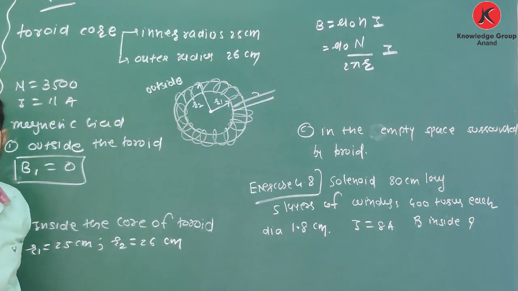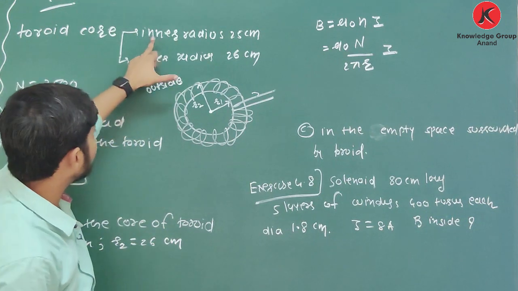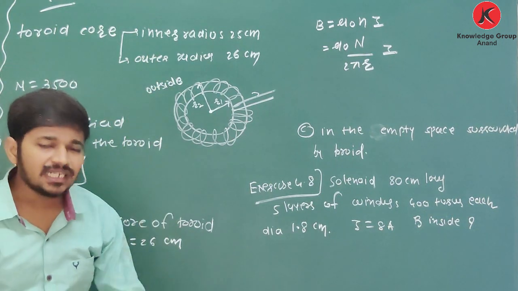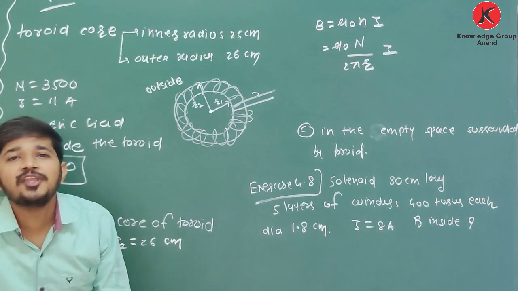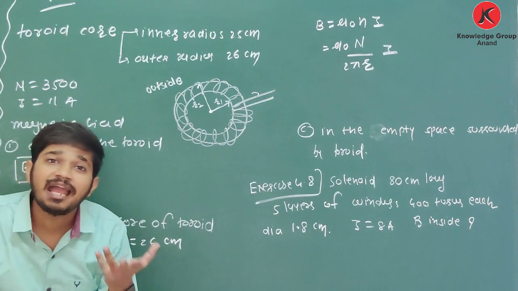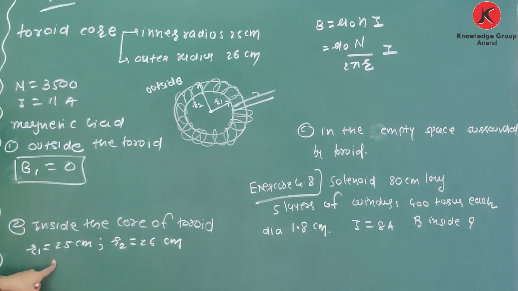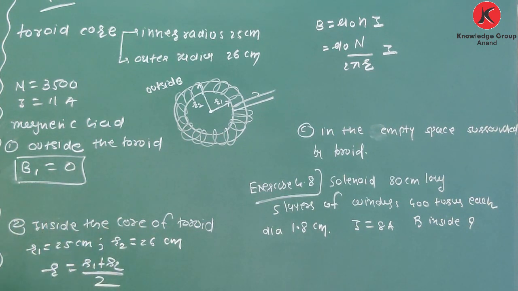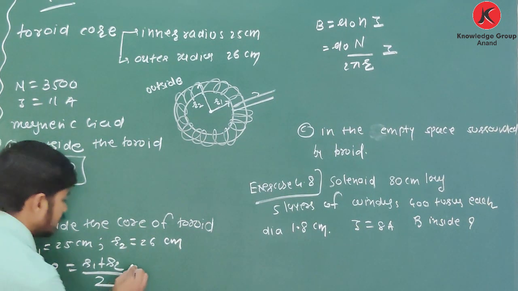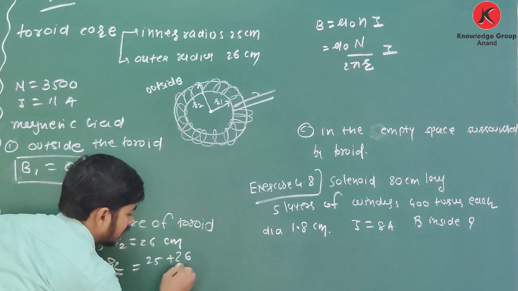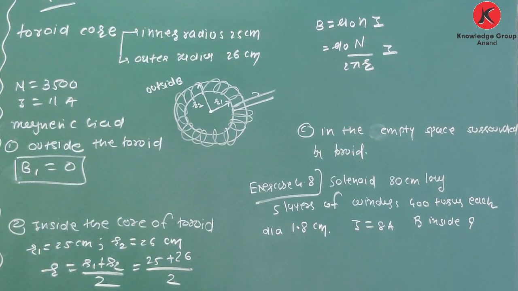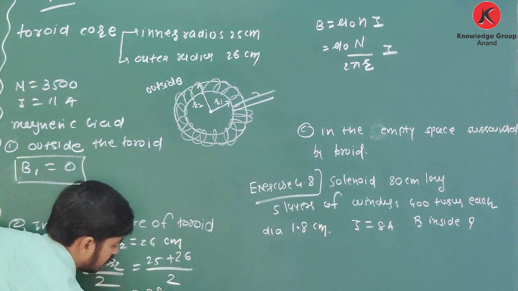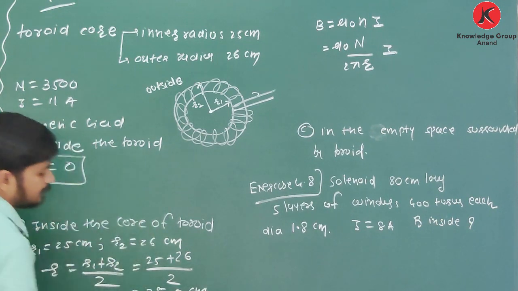What is r? You are given inner radius and outer radius, so to find r you have to take the mean average. You are given R1 25 centimeter, R2 26 centimeter. How to find r? r is equal to R1 plus R2 divided by 2. It is 25 plus 26 divided by 2, which is nothing but 25.5 centimeter.